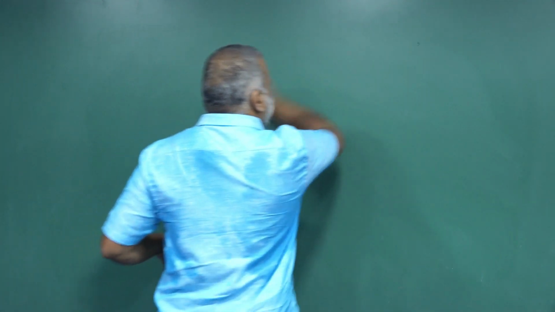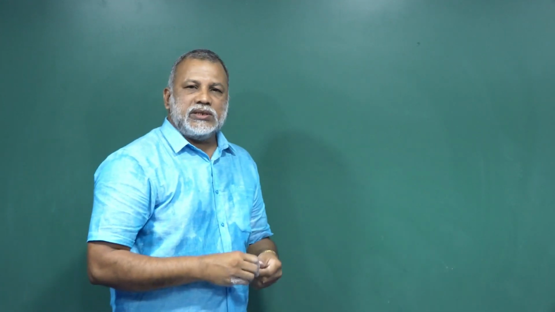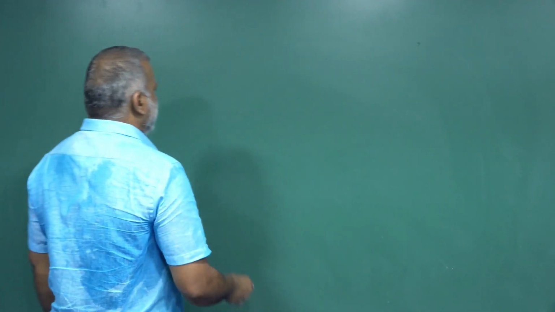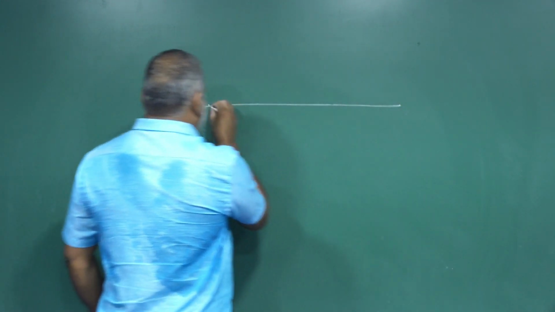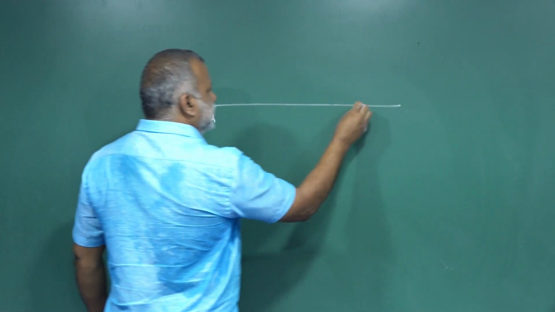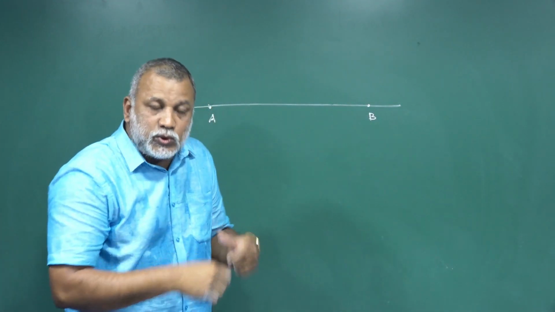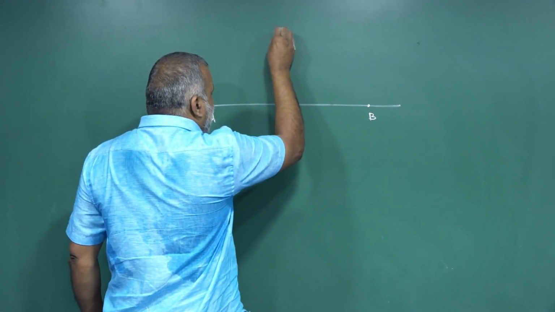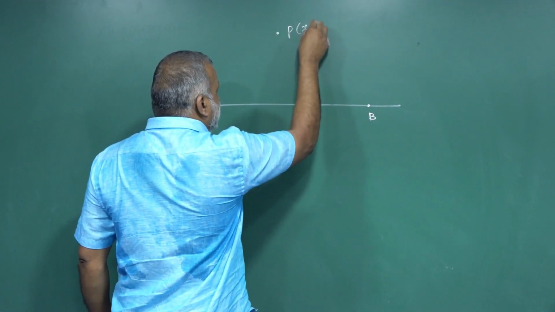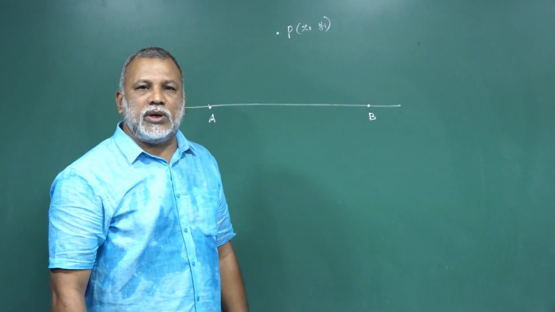Now listen, we just gave an example for the circle introduction. Let me take one more example. See, two fixed points A and B. From these two fixed points A and B, I want to find the locus of P(x1, y1).